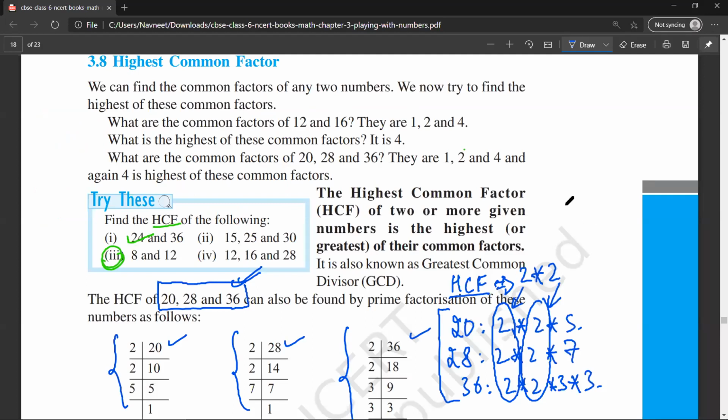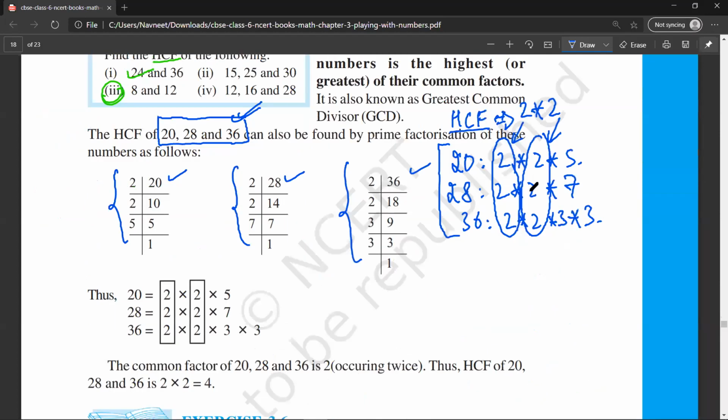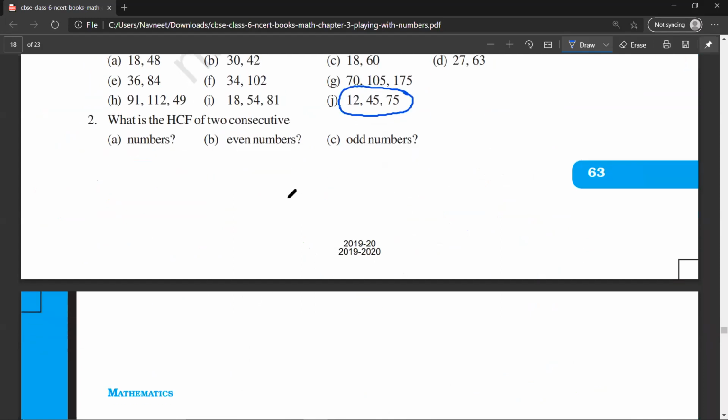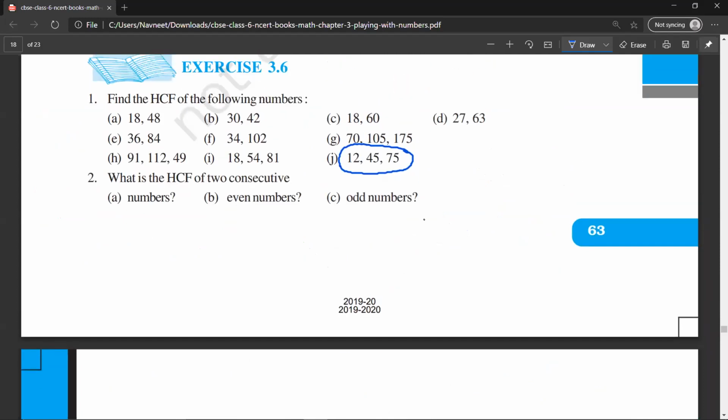So, for example, I have to find the HCF of 12, 45, and 75. So, I can use this method to find the HCF also. Yes, sir.